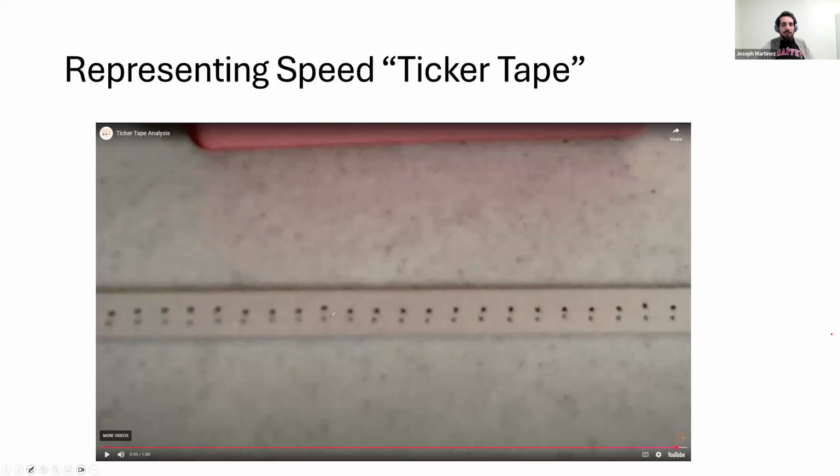There we go. All right, so you can see that the dots are separated by some distance. And what we can do is look at how much distance is between dots, take that distance and divide it by how much time happens between dots, and we get an idea of the speed.